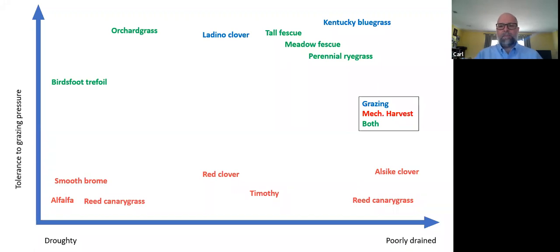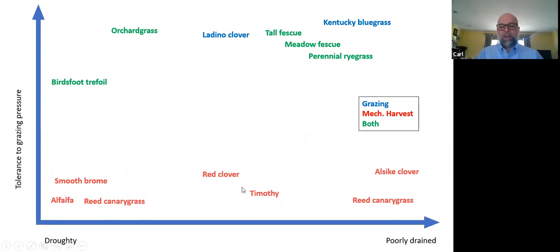This diagram is basically a way to organize which species tend to be better suited for grazing, which species tend to be better suited for one reason or another to mechanical harvest, and which species might work well for both.